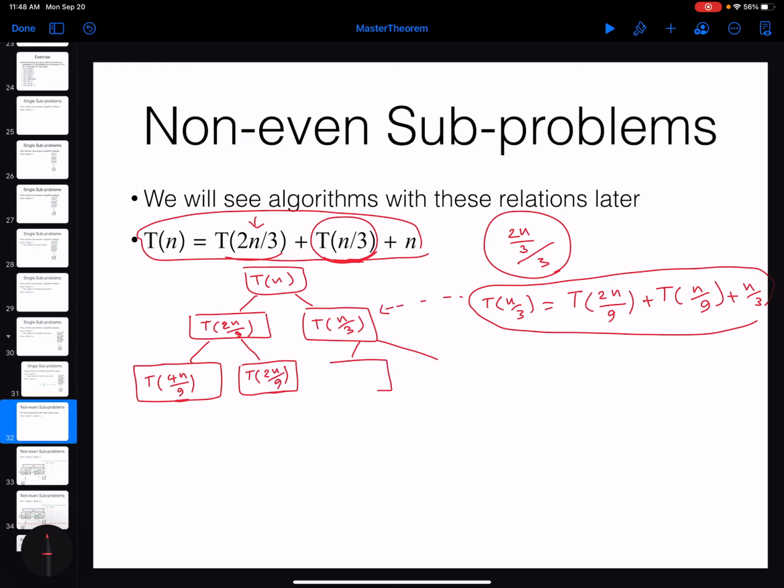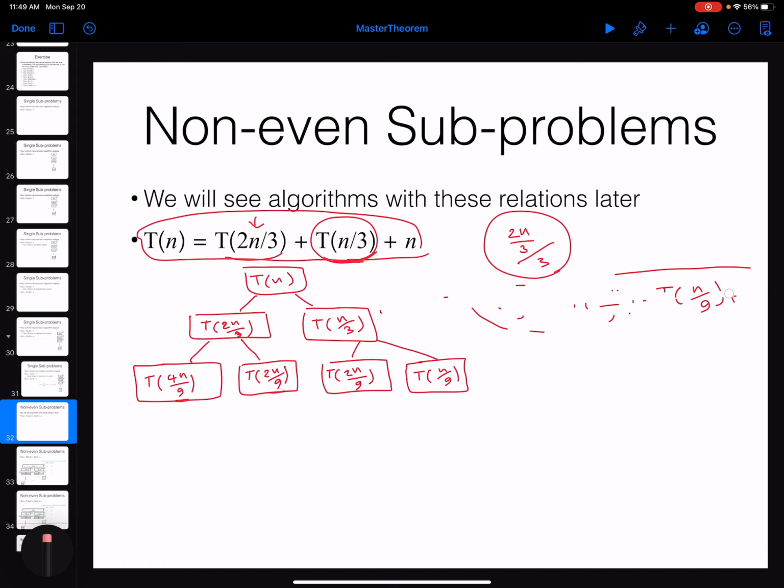It's going to give me T of 2n divided by 9 and an additional T of n divided by 9. Okay, let me clean up a little bit here. So far I have developed the tree until the second level.